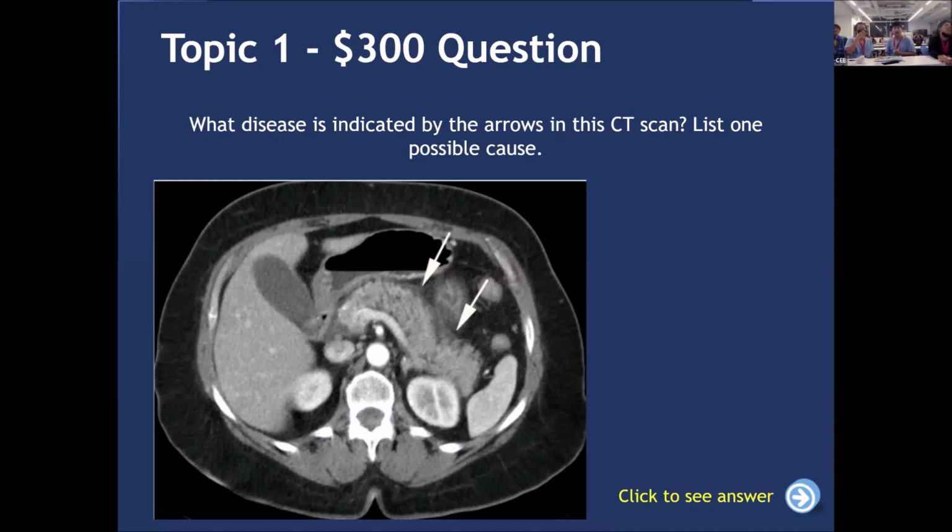Wait, this is a cross section of the abdomen. That's the pancreas. So what is this? I don't know. Guys, what's your answer?